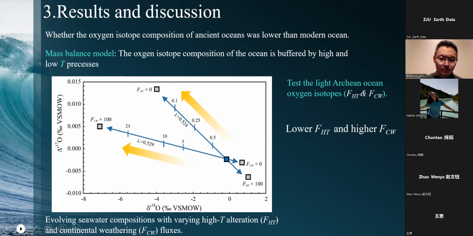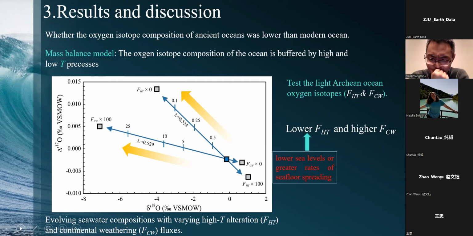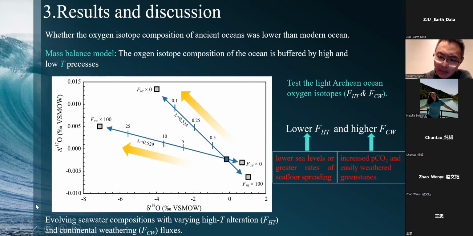They point out that in deep time, the lower sea levels or the greater rate of seafloor spreading caused the lower high temperature alteration flux, and higher carbon dioxide pressure and easily weathered greenstones cause the higher continental weathering flux.